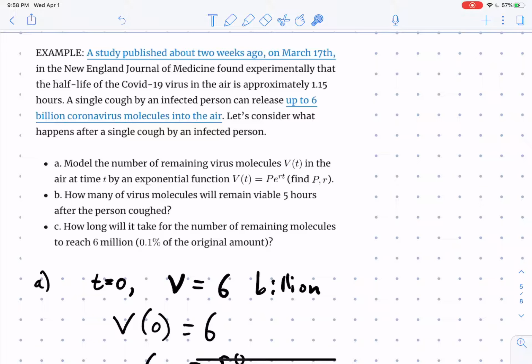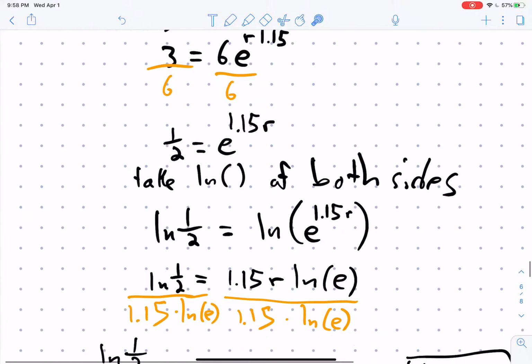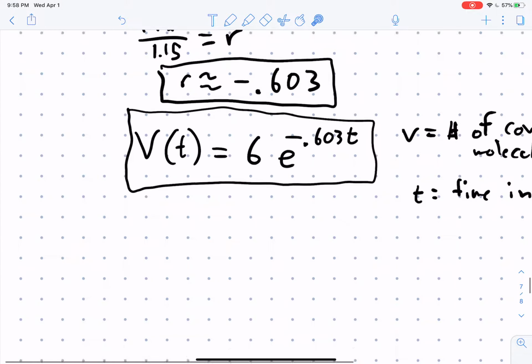Okay. The next question that we're asked is how many of the virus molecules will remain viable? Viable just means alive or able to cause infection 5 hours after the person's cough. So you see someone on the street, they cough, it goes into the air. 5 hours later, how many coronavirus molecules are there left?